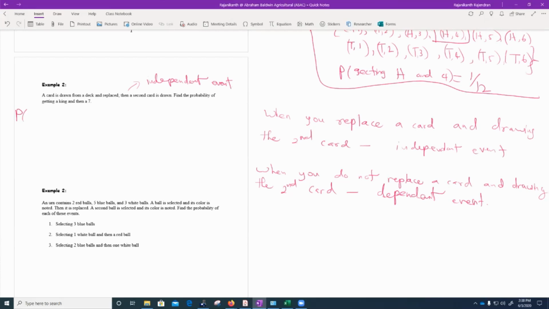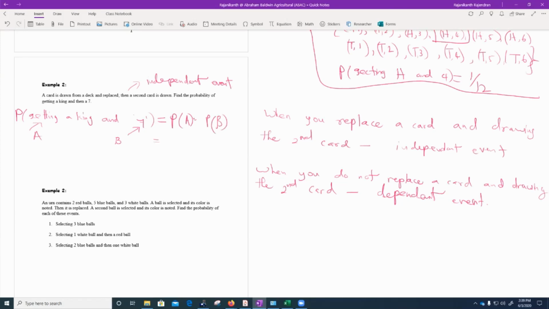So the probability of getting a king from your first drawing and then getting number 7 from your second drawing. So you could think of getting a king as your first event A, and getting number 7 as event B. So you are using the probability of A and B formula. Since these two are independent events, you could use the previous result, that is simply P(A) times P(B).